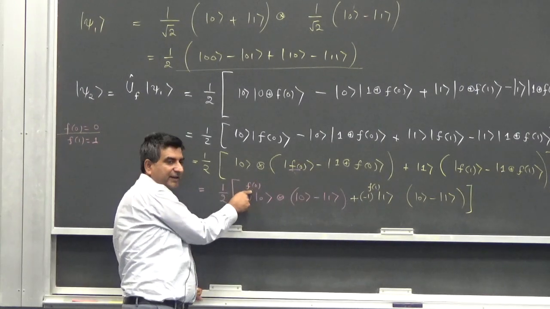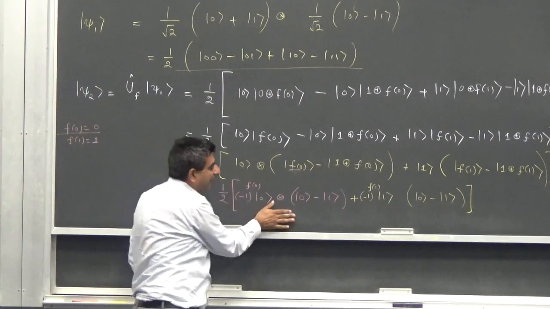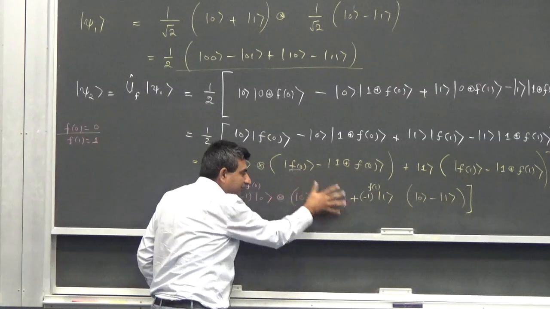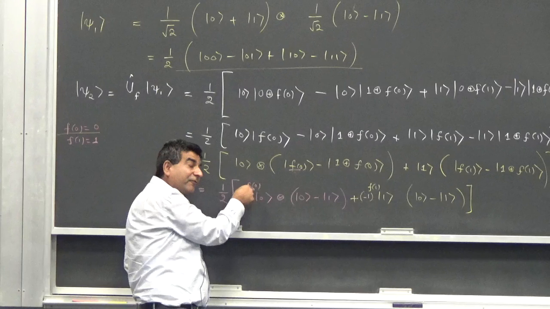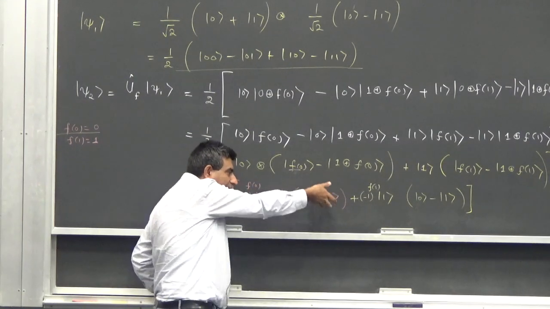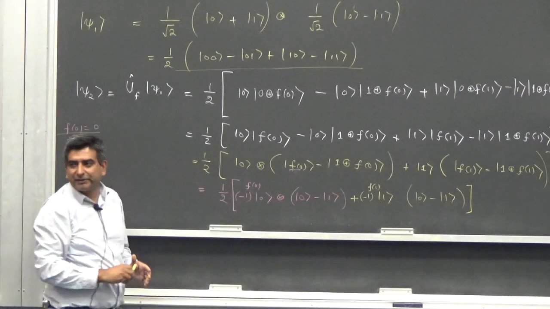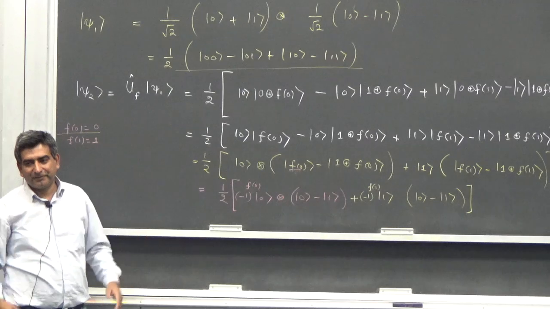If this is 0, then (-1) raised to the power 0 just gives me 1, so this is positive. However, if it takes the form 1, then this is (-1) raised to the power 1, so it imparts a negative sign, and all of this is inverted. So this is the proper way of writing this state.